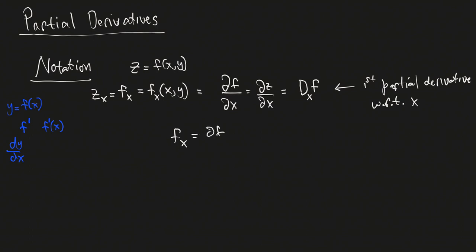And we will use, oh, my partial d doesn't even look like a d. There we go. And these should be y's since I'm doing a partial with respect to y. So these are the two standard ones that we would use. All the other ones can be used as well, but this is how we will denote our first partial derivative with respect to y.